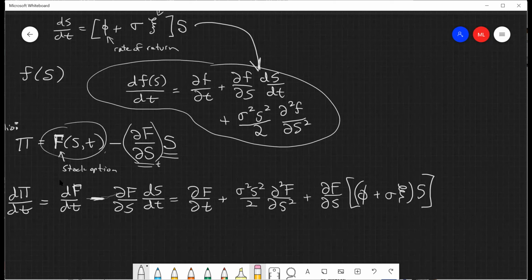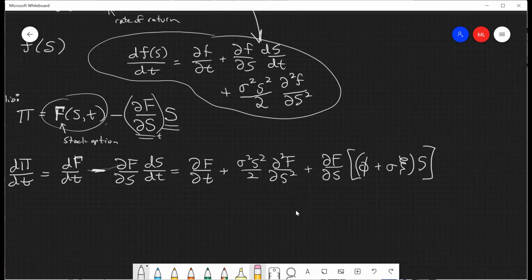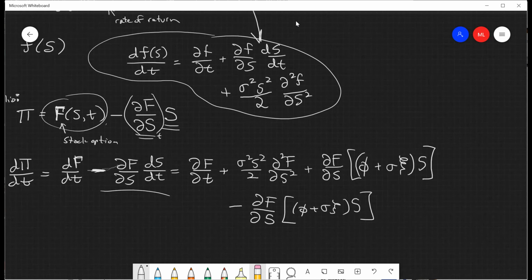So that's just this first term. That's just putting in those three terms from the chain rule, the augmented chain rule that properly takes into account the noise. And then we subtract off the hedge, and the hedge is again the slope times the equation of motion again, which is phi plus sigma noise times s.